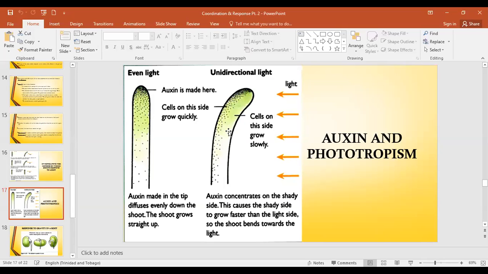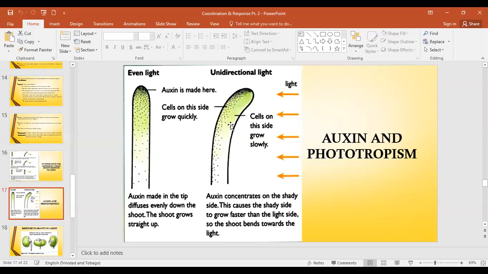It's not going evenly. Only where the auxins are being distributed is where you are going to have growth, and that is why the plant grows the way that it is growing.